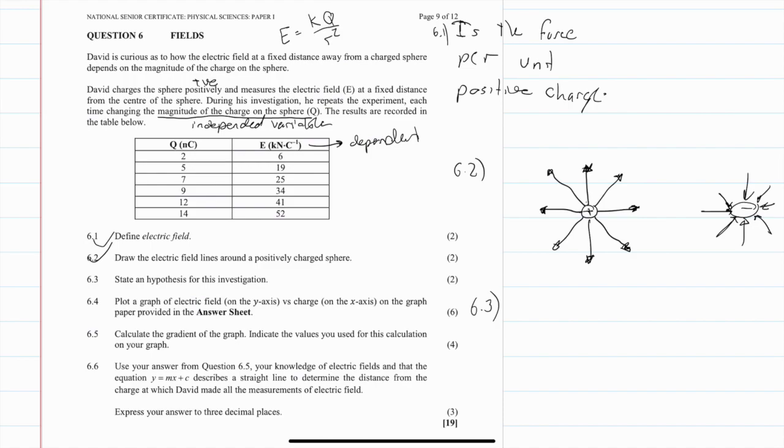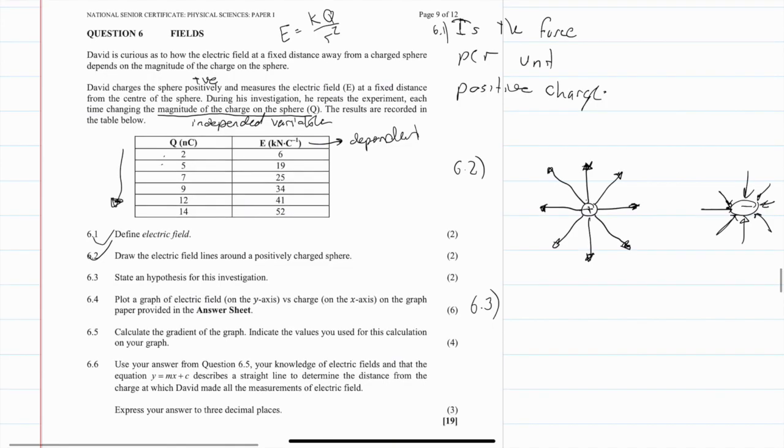So for a hypothesis, we need to say what we think is going to happen. We can already see from this table what's actually happened. As our independent variable, the magnitude of the charge, increases, so as Q increases, the electric field strength also increases. Because we can see we're going from 2 to 5 and we're going from 6 to 19, and that continues to increase.